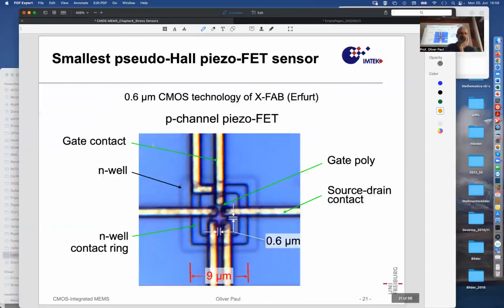This is an example of the smallest shear stress sensor, or stress sensor, that piezo FET that was ever realized in my group. This is by Michael Dölle, one of my earlier PhD students, and he just went to the limit of the CMOS technology, which then was a 0.6 micrometer CMOS technology.